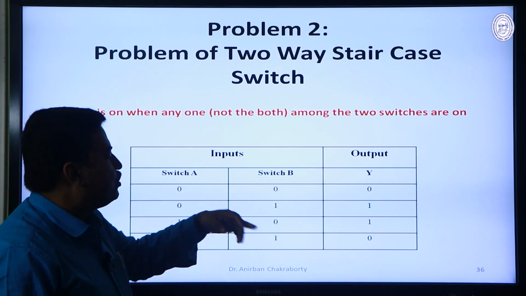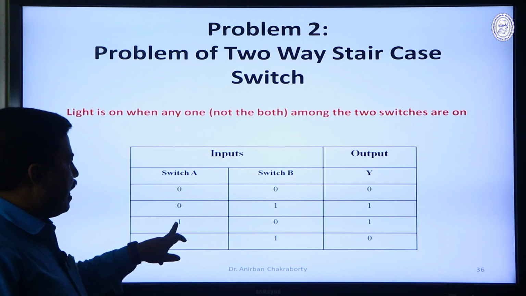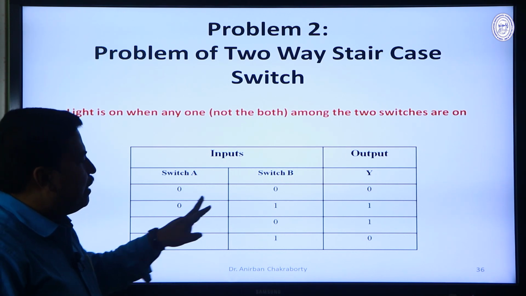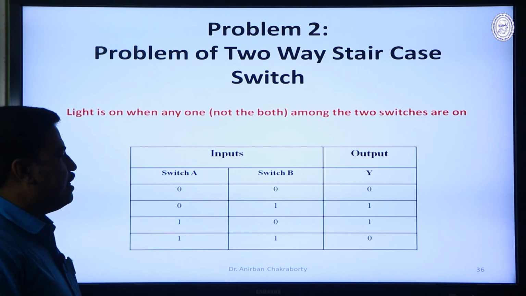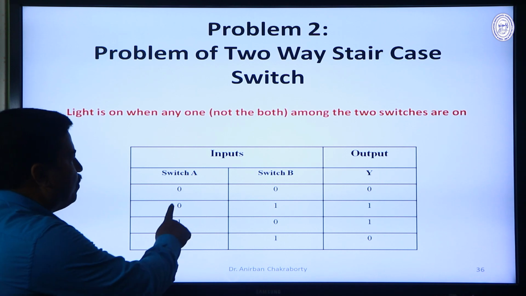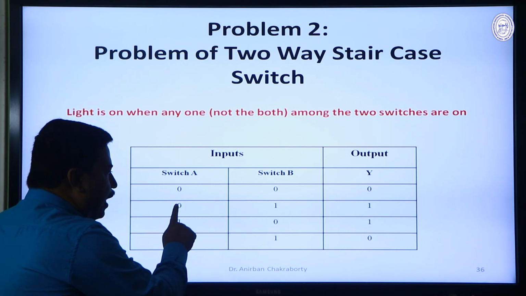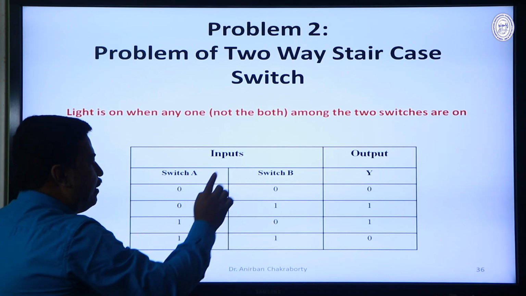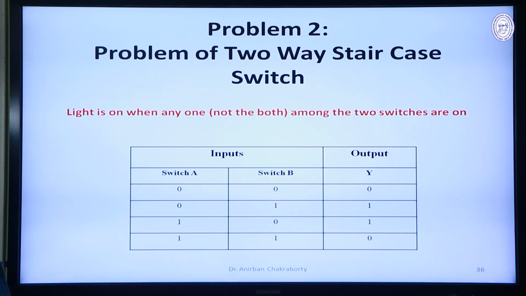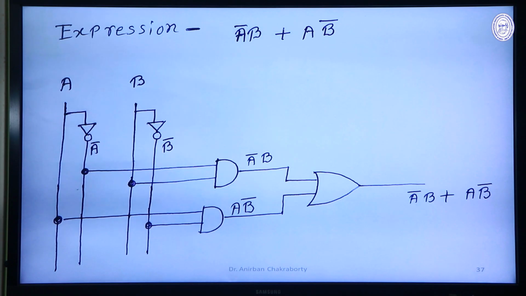B is 1, so it is written as B. Here A is 1, so it is written as A, but B is 0, so it is written as B bar. So the expression is A bar B for this row, A B bar for this row, and in between I add a plus sign.